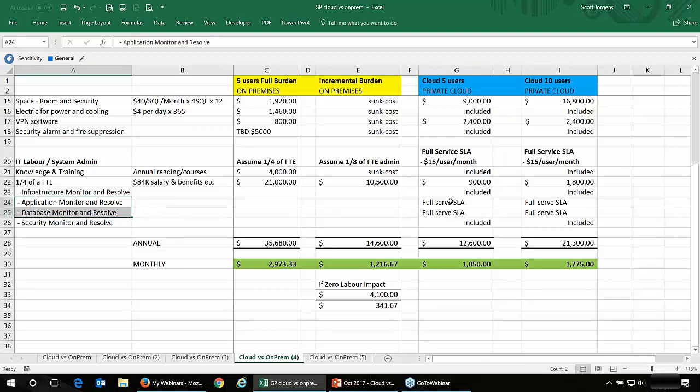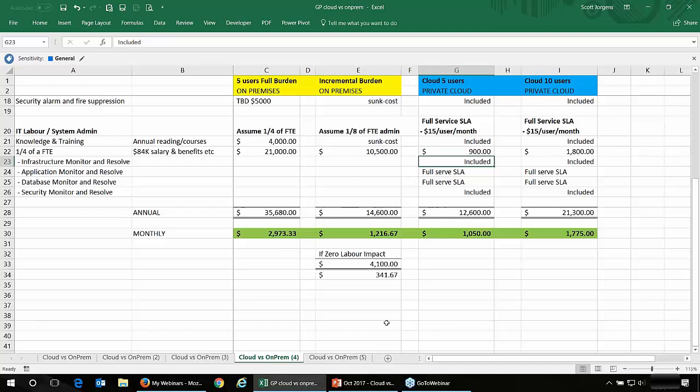So just because you have the cloud, often you still need some IT staff that are going to be looking at stuff periodically from time to time, and you can either fully move that to the cloud through an additional full service SLA, or that's bundled in, or you let that ride and just the base is included with the infrastructure and security monitoring.